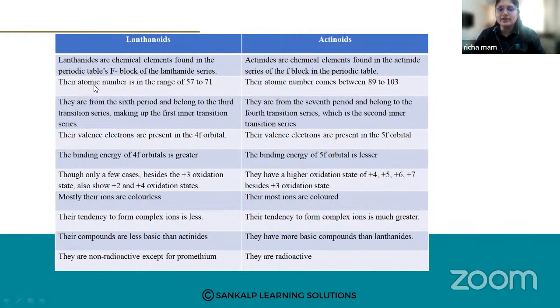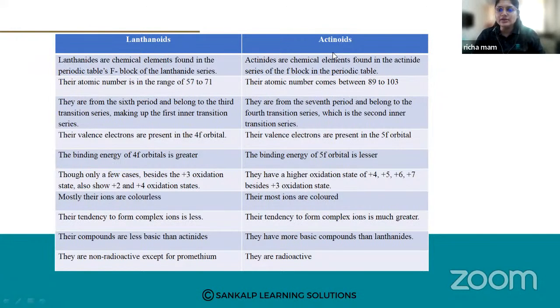And the atomic number ranges from 57 to 71. The elements which come under this range are put into the series of lanthanides.